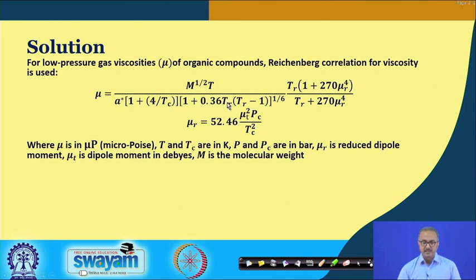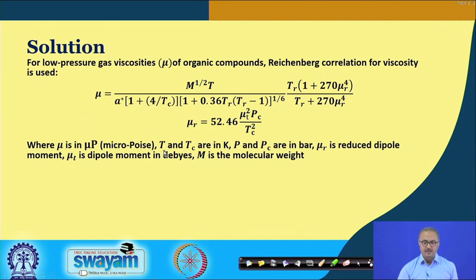The reduced temperature has to be calculated based on the critical temperature and the actual temperature, and then we have two parameters, mu_r and mu_t. Mu_r is the reduced dipole moment and mu_t is the dipole moment in debye, and M is the molecular weight which comes in here, and the correlation says that the viscosity we obtain will be in micropoise. Okay.